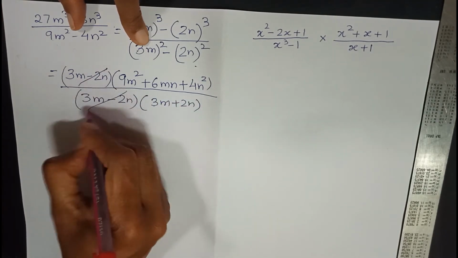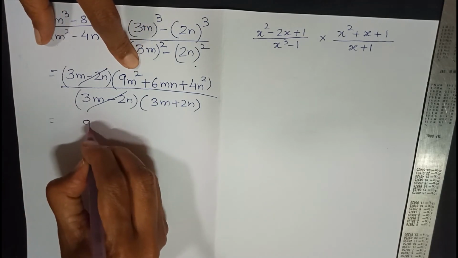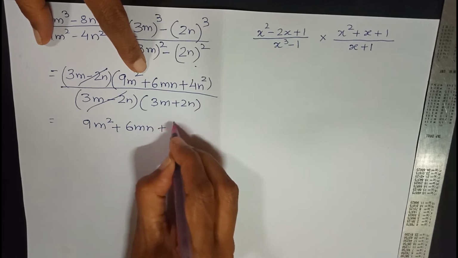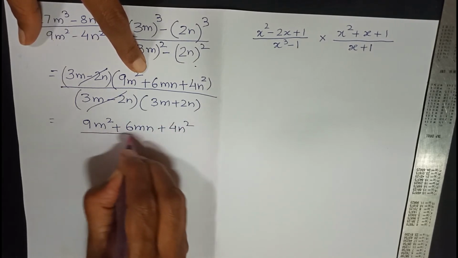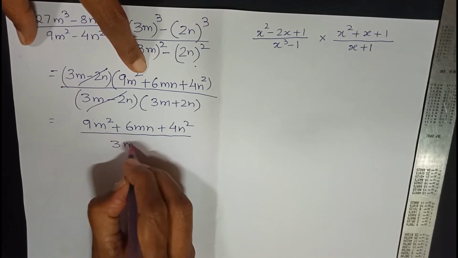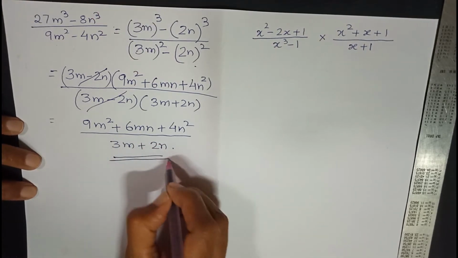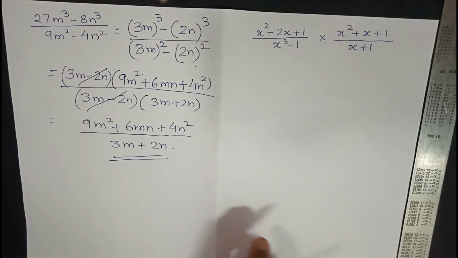So now we can cancel this, and what remains is 9m square plus 6mn plus 4n square upon 3m plus 2n. So this becomes our answer.